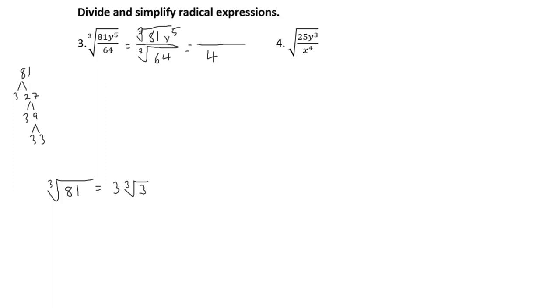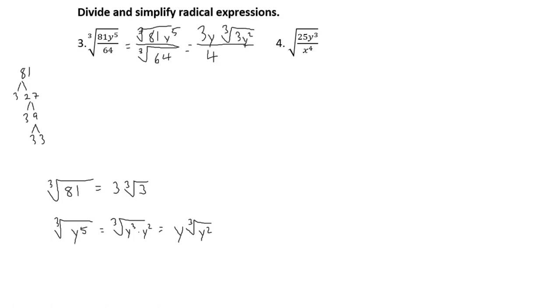And then the cube root of y to the fifth is going to equal the cube root of y to the third times y squared. So that's y cube root y squared. So then putting that together, we have 3y on the outside and the cube root of 3y squared underneath the root. All right, let's look at another one.